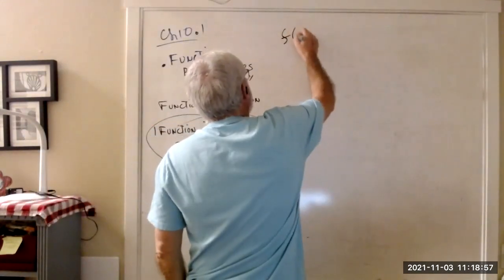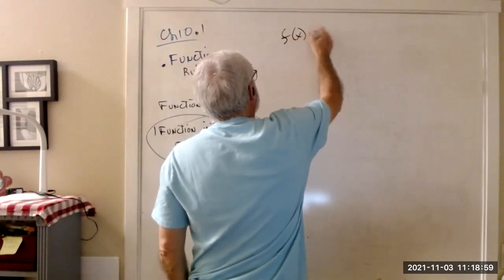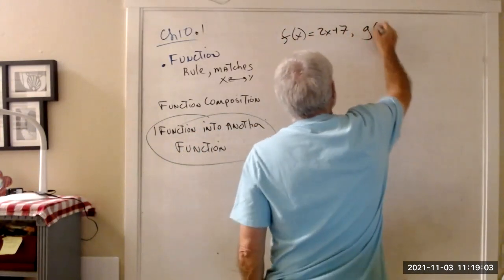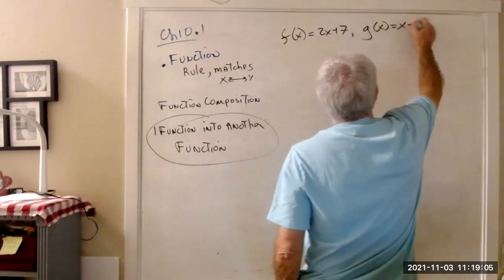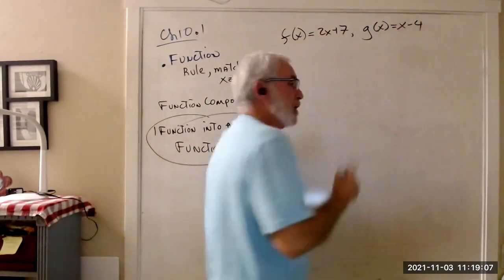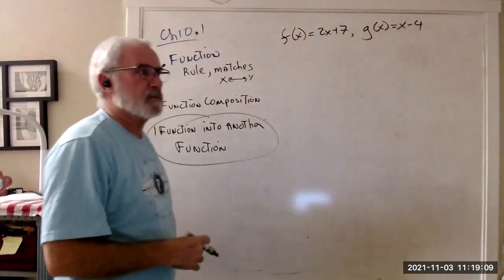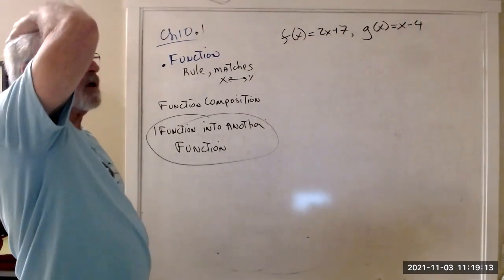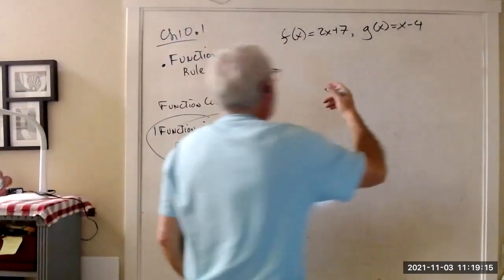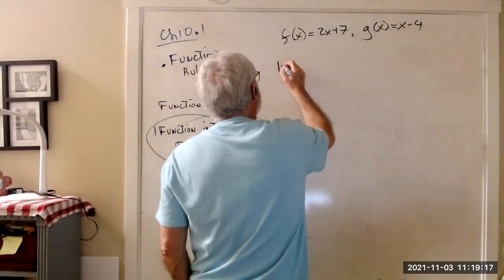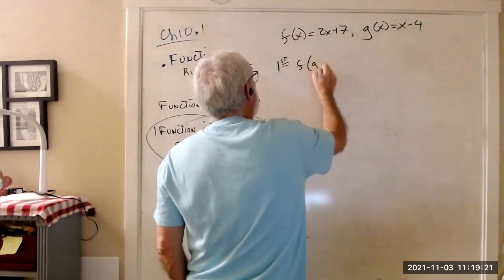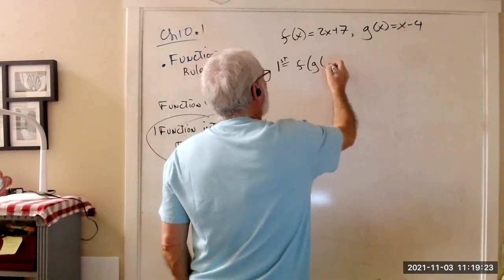All right, what does it look like? Let's take a simple case. Let's take f of x is 2x plus 7, and g of x is x minus 4. I just made up two new functions. Now, here's our first problem: what is f of g of 2?